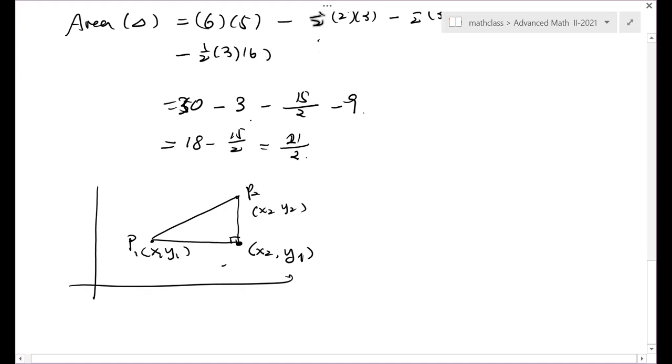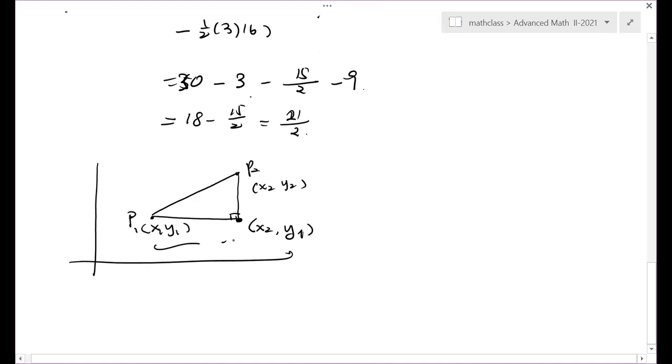So the distance between those two points, the lower leg, is going to be the difference of the x coordinates, which is the absolute value of x2 minus x1. I put the absolute value because I don't know which one is bigger. The height of the triangle is the difference between the y coordinates, because they have the same x coordinates.